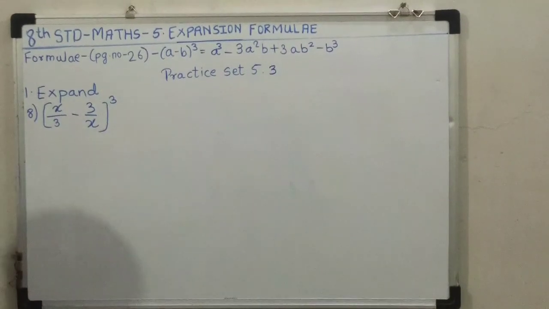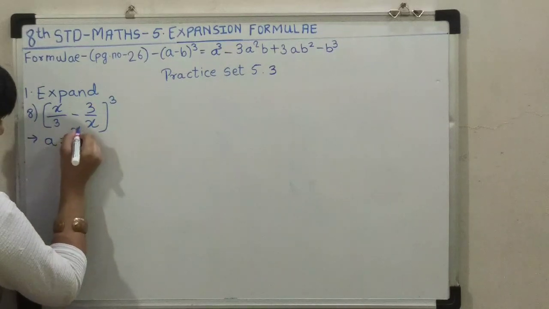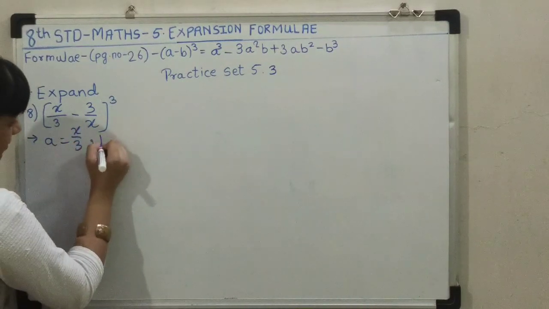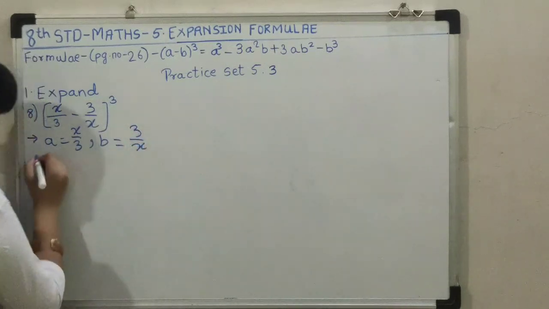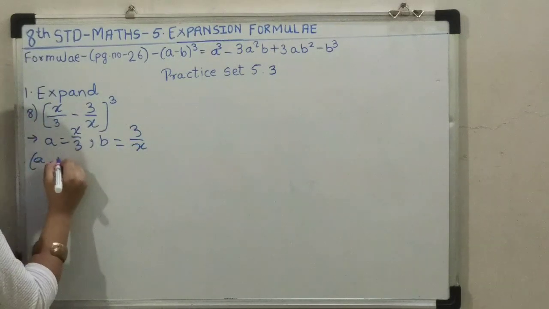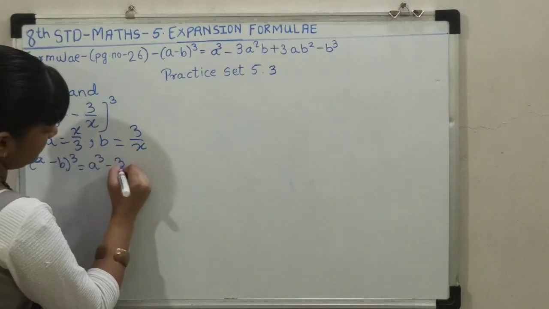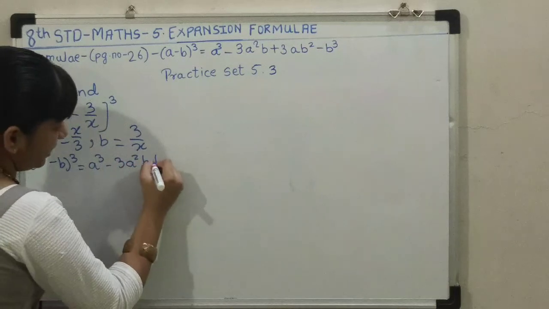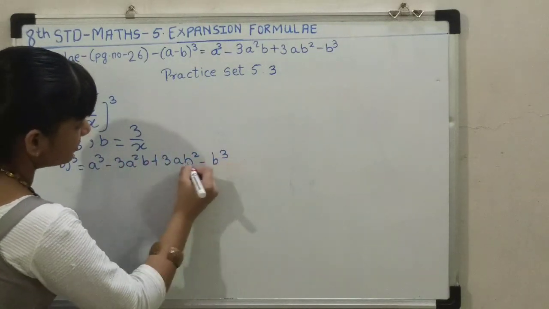The 8th sum is (x/3 - 3/x)³. So a is x/3 and b is 3/x, and the formula is (a - b)³ = a³ - 3a²b + 3ab² - b³.